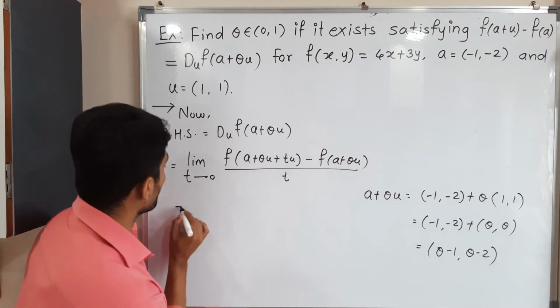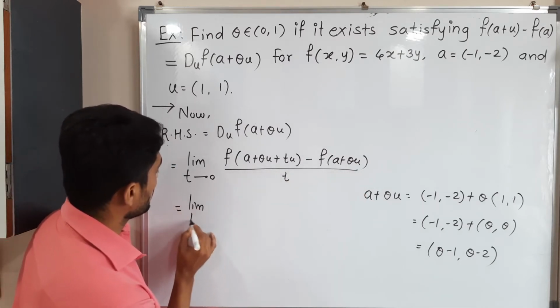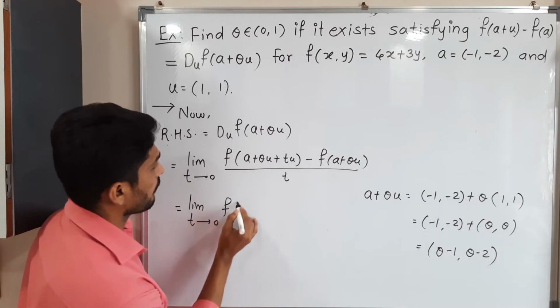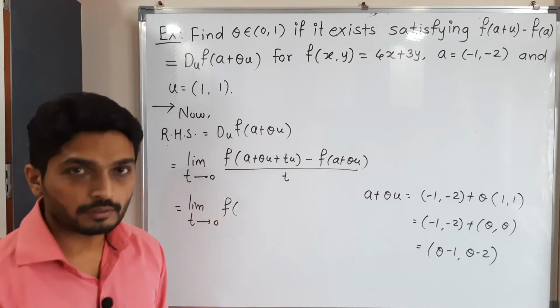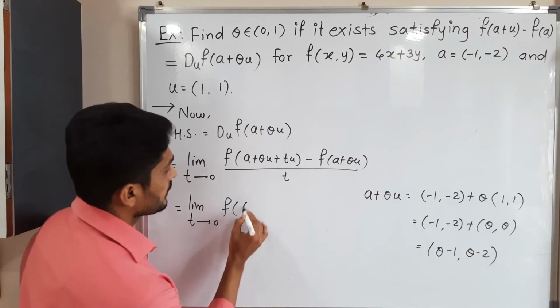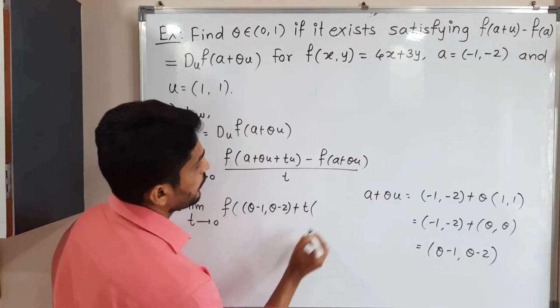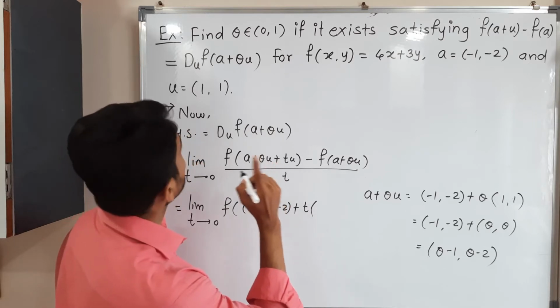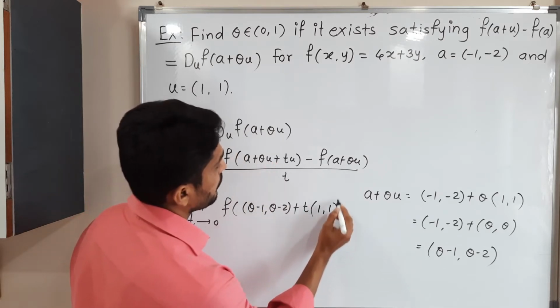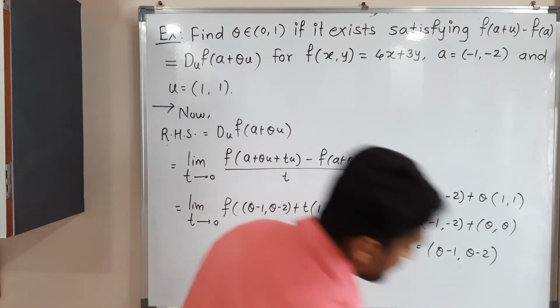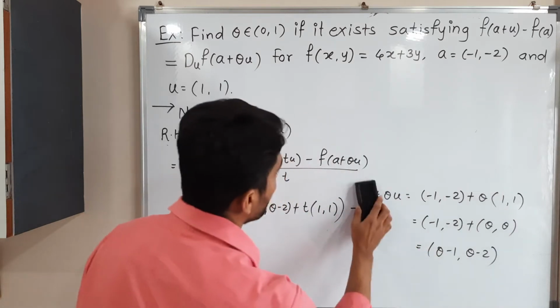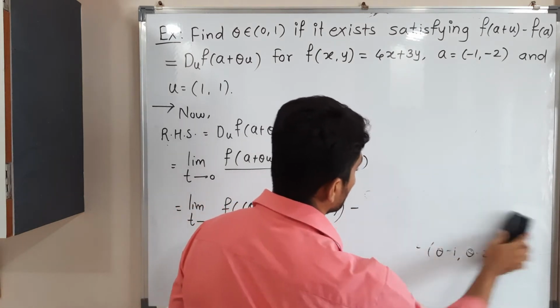So this is equal to limit t tends to 0 of f of a plus theta u, which we have already calculated. So it is theta minus 1, theta minus 2, plus t. What is our u? U is 1 comma 1. Okay, 1 comma 1 minus, let me remove this part, it is not required. Just a minute.